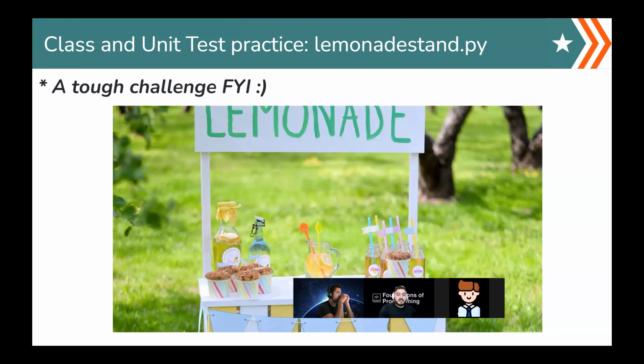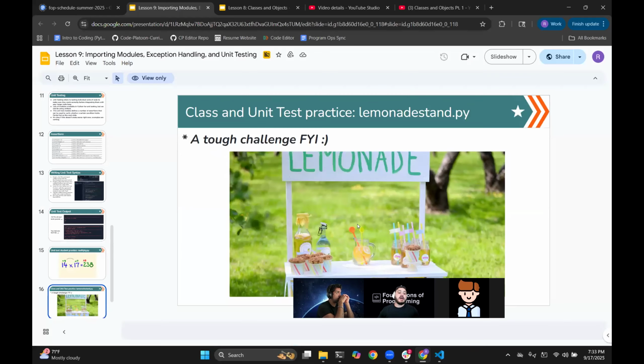Thomas, you've been killing it, so I don't think you should have a big issue. If you did the streaming guide, it's going to be similar to that. You're replicating a stand and selling lemonade or different products to customers and keeping a log record of your sales. So I want you to try this out.